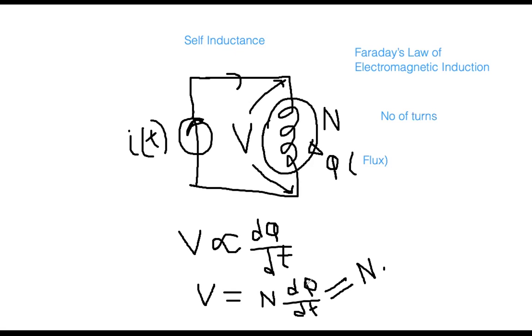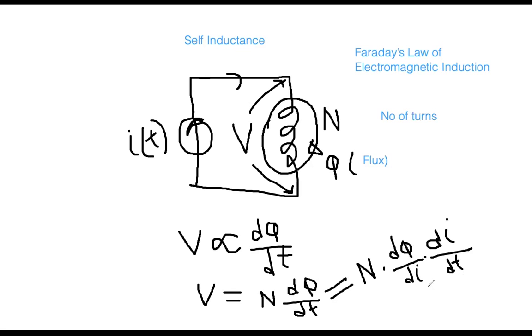So d phi by dt, I can write as d phi by di. This means the change of the flux with respect to current. But it was d phi by dt here, so I can multiply by di by dt. So everybody see, then the meaning is the same.